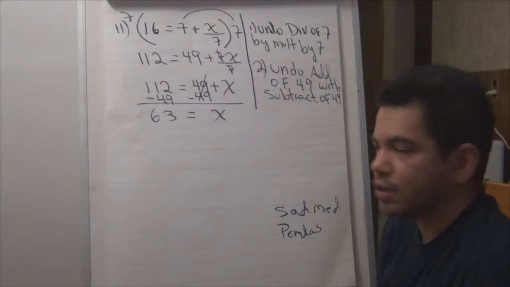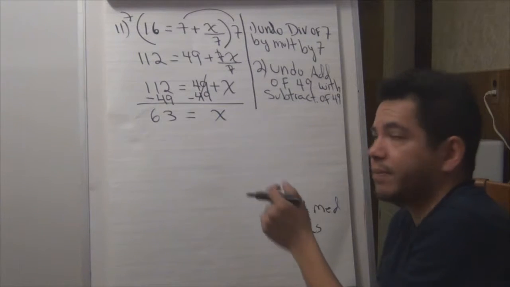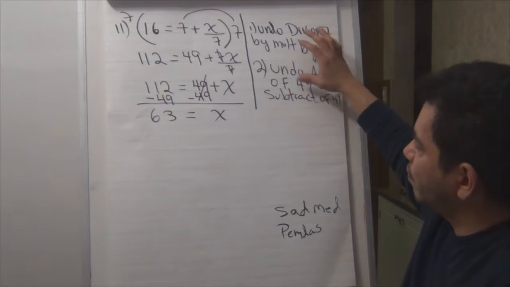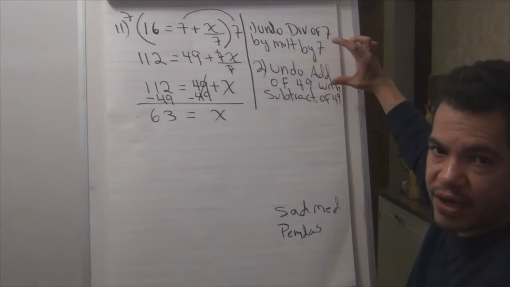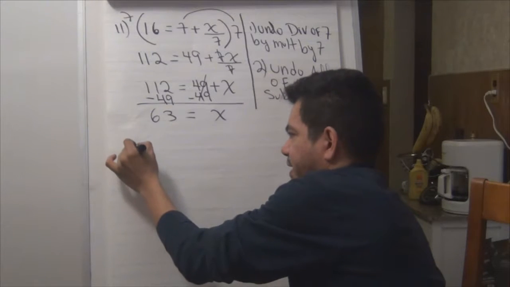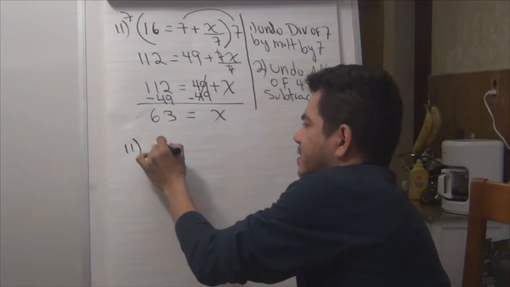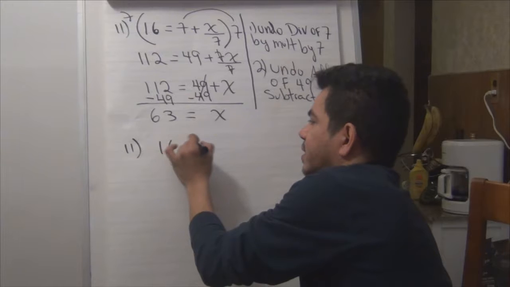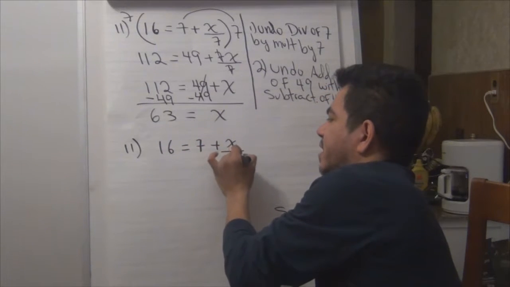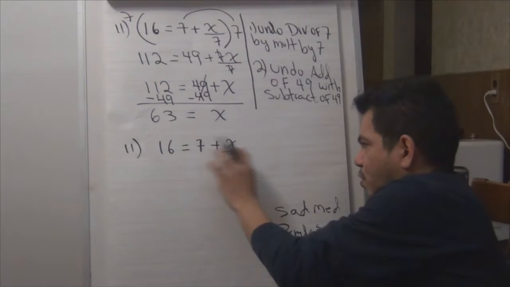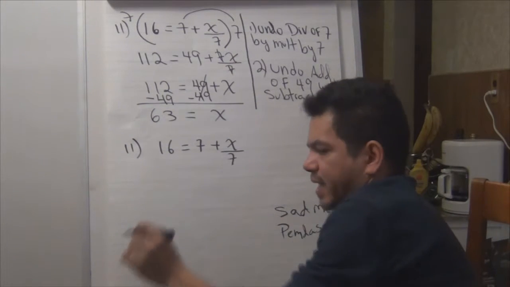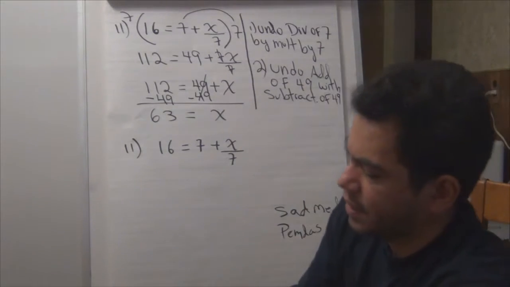Fine, let us do the same problem, but using the real academic vocabulary, okay? So still number 11, we have 16 equaling 7 plus x over 7. So I have to rewrite this as 16, and I'm gonna use a different ink.